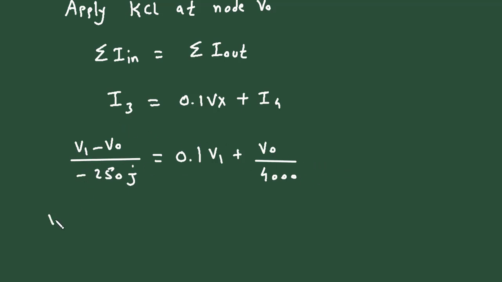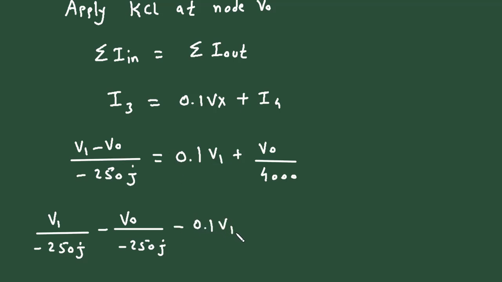So it will be V1 divided by minus 250J minus VO divided by minus 250J. Now if we take this on left side, so it will be minus 0.1 V1 minus VO divided by 4000 is equal to 0.